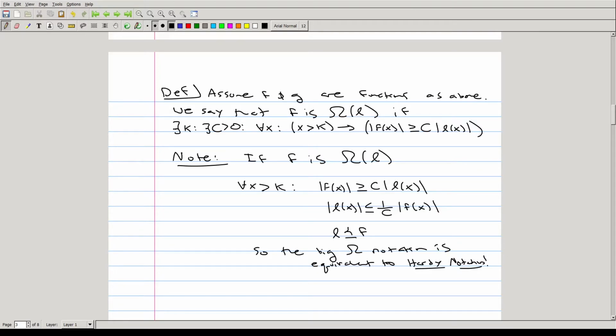Now, I want to point out here that c has to be a positive constant in the case of the big omega notation, because we're talking about a lower bound on the function f. In our previous definition for big O notation, we didn't have to specify this because we were talking about an upper bound on the absolute value of f, which would essentially mean that in the previous definition, c has to be positive by definition. But because it's a lower bound, we really have to be careful and specify that c is a positive constant here.